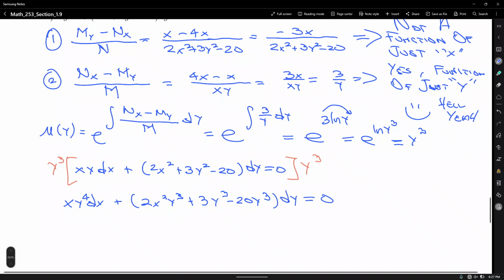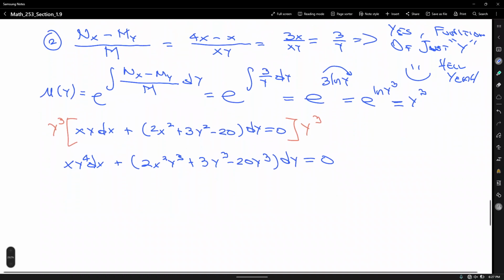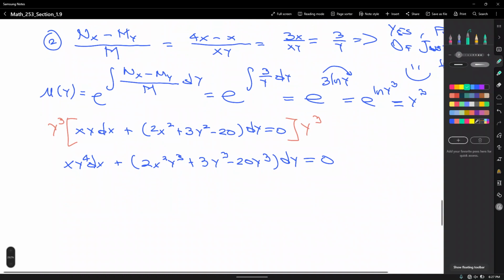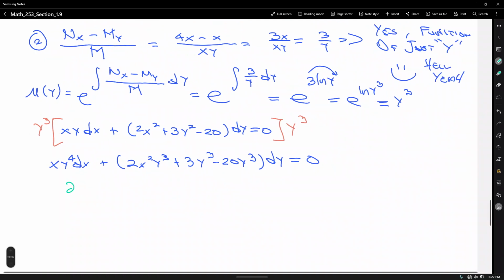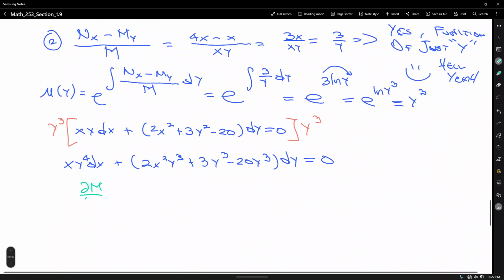Okay, so that is a whole new equation, multiplied by some integrating factor, that will make it exact. However, we need to check the condition to make sure. All right, so how about the partial of m with respect to y? What's the partial of m with respect to y? Is that 4xy cubed?